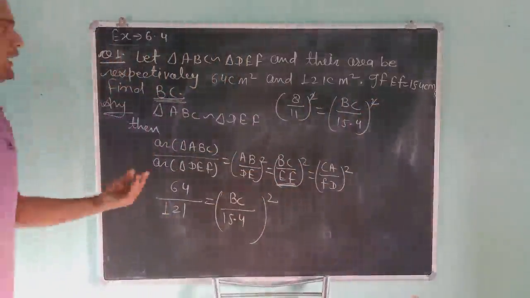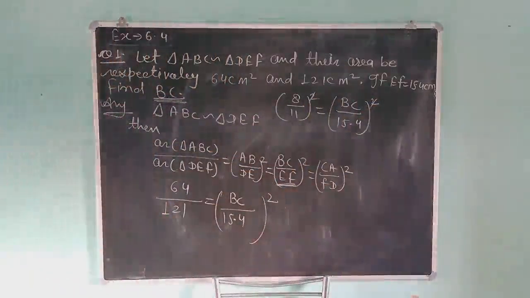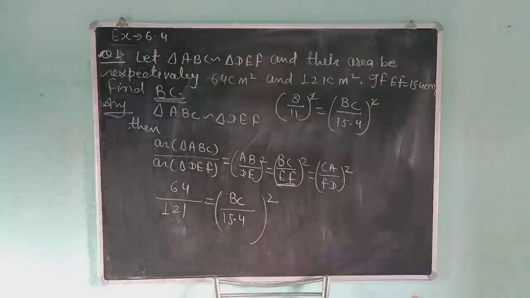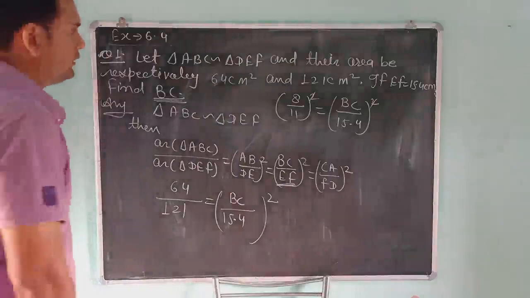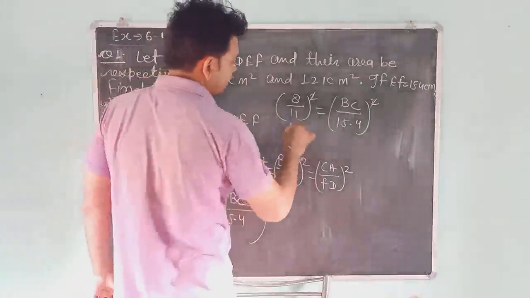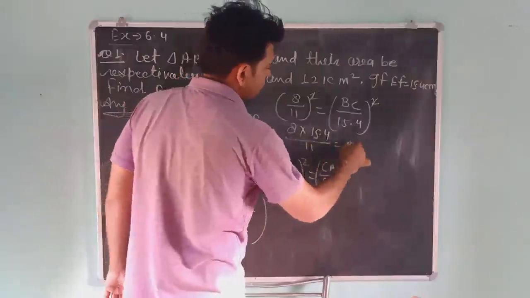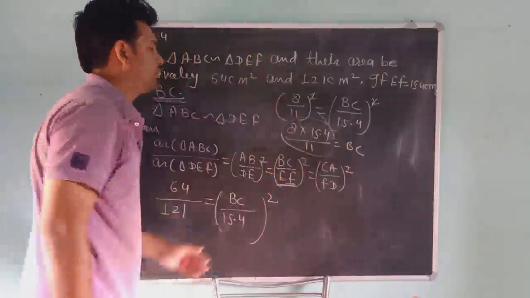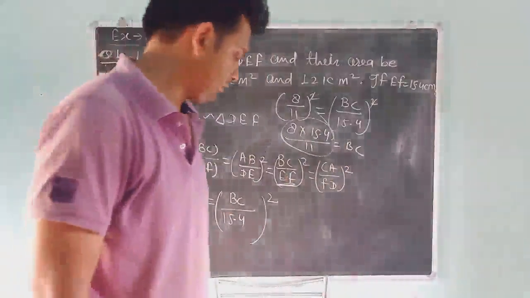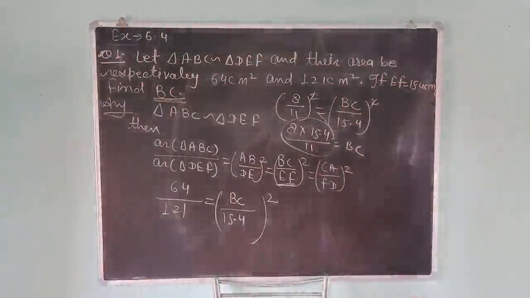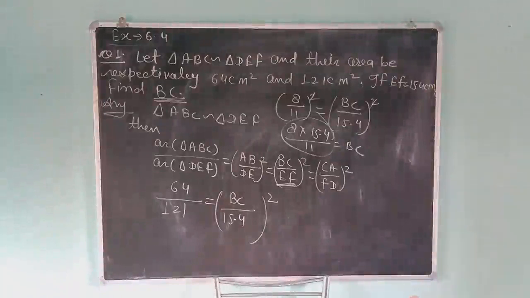You know this rule. Now we have to cross multiply as usual. 8 into 15.4 upon 11 is equal to BC. Now you can solve this calculation yourself, and that will be the value of BC. Okay students, now we will solve the next question, question number 2.